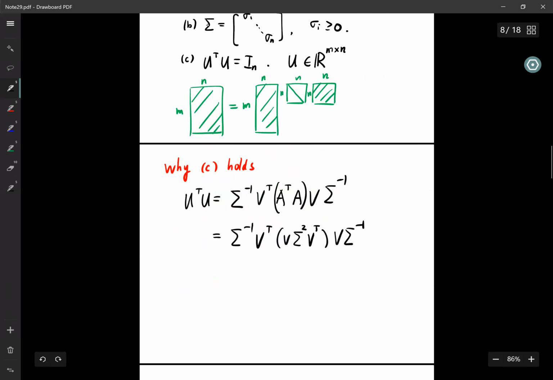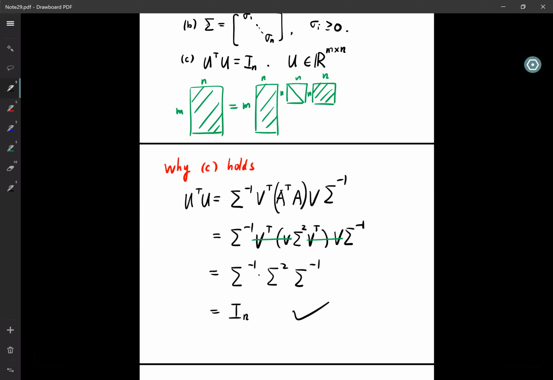Now I use that this is an orthogonal matrix, so it becomes identity. Sigma inverse and sigma square, sigma inverse, exactly cancel. So indeed, the claim holds, assuming that all the sigma i's are positive.